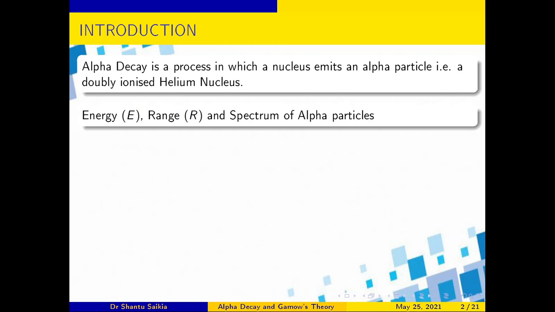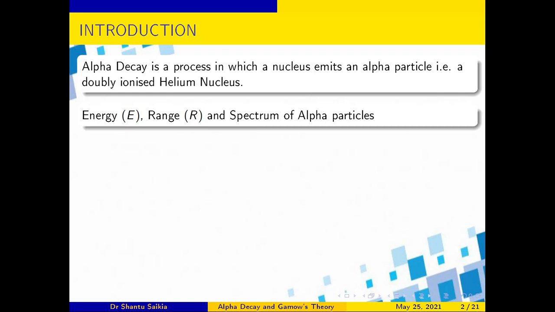It depends on the disintegration constant of the alpha emitter and is inherent to it. Different emitters will emit alpha particles with different energies at different rates. So we can have a measure of the energy of alpha particles. Also, depending on its energy, the alpha particle can travel different distances as it passes through matter.